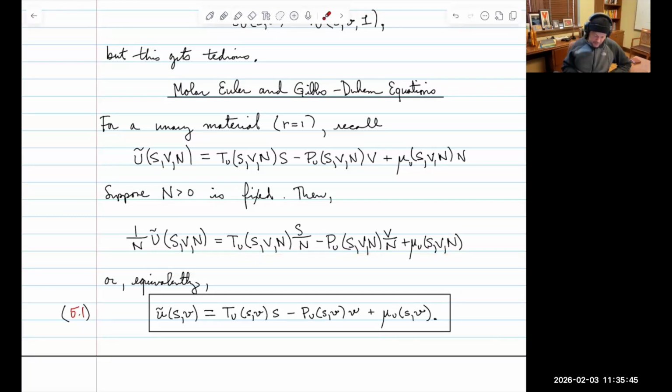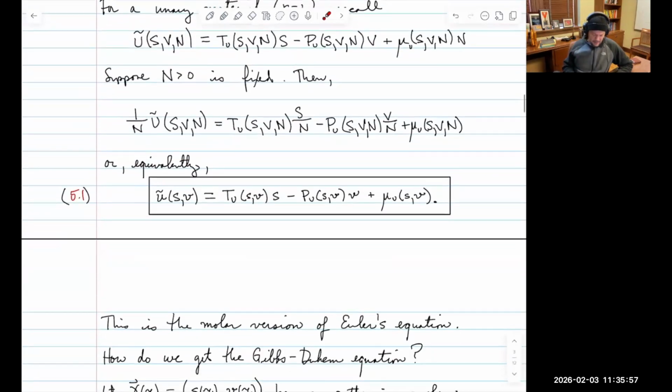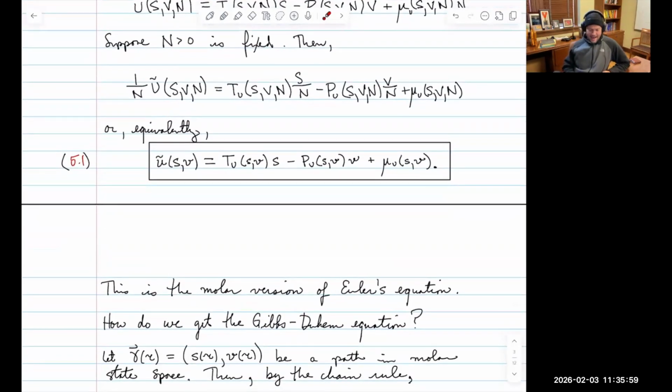So this gives us right away a version of the Euler equation which is completely in terms of molar quantities. Molar quantities means per mole quantities. Now, I don't know how universal this term molar is for per mole quantities.